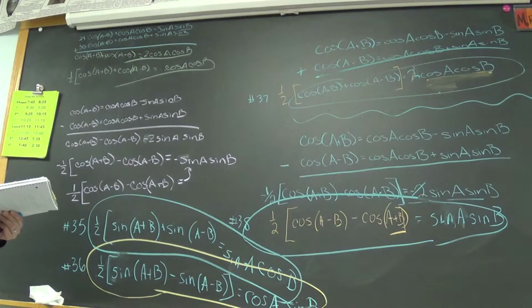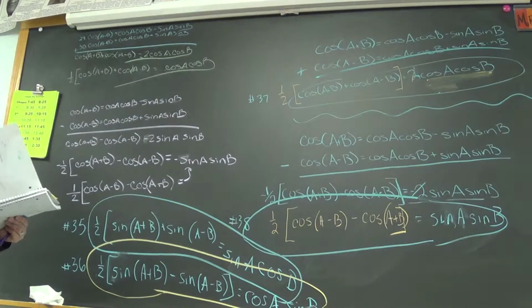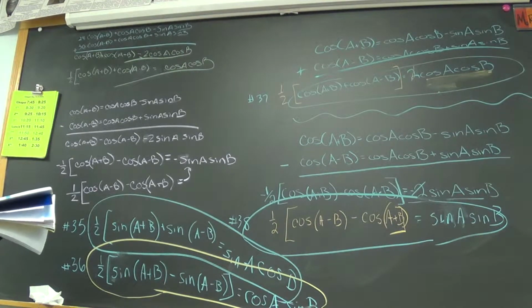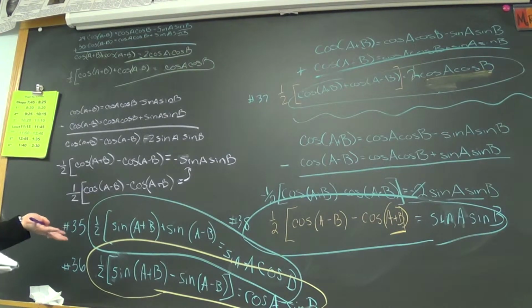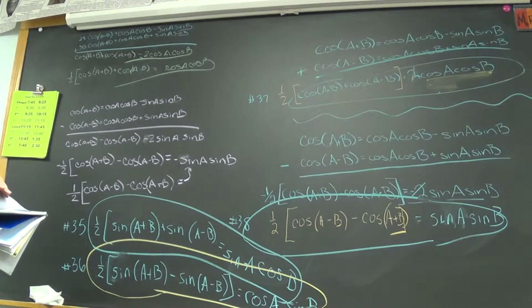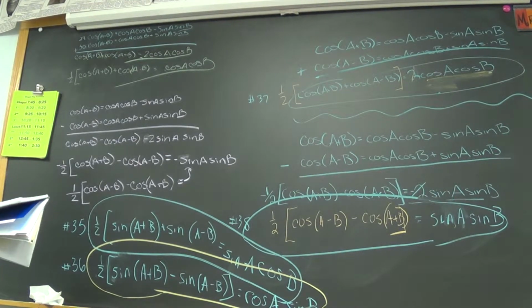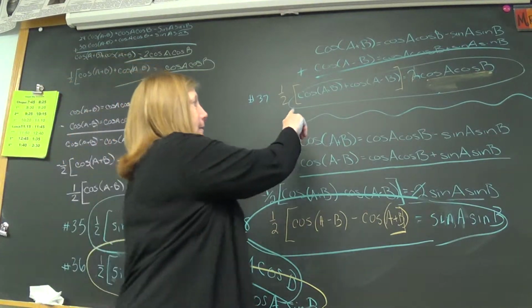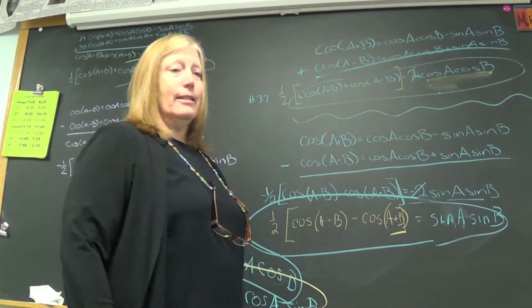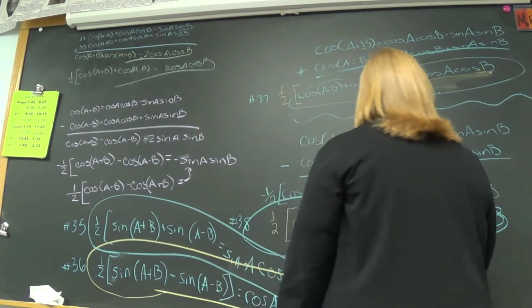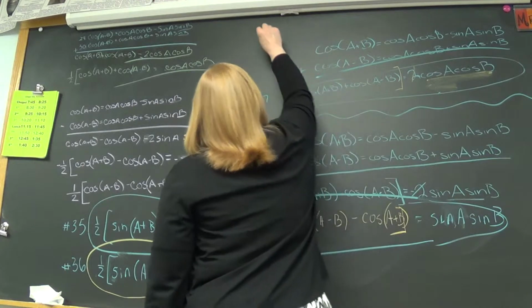And now, looking at them, what we're going to do is some problems that use that. And it's basically following a formula. So there's not a whole lot of thinking about it. So what I'm going to be giving you is actually, how did I name this? Sum to products? Did I call it sum to products? Yeah. We're going to change that. Guess what we're going to call it?